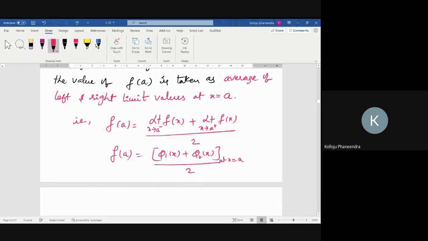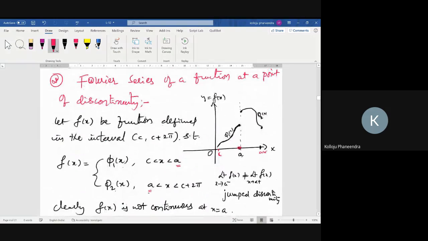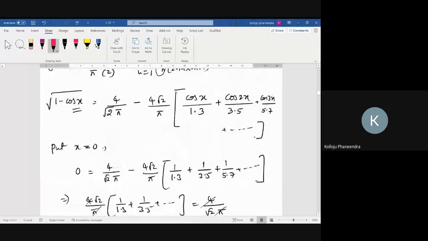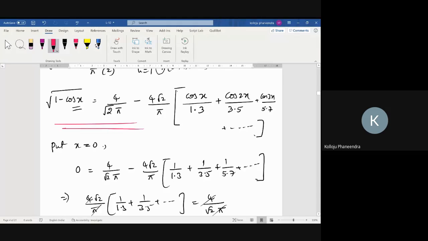And what is the purpose of taking this discontinuity? For example, in a Fourier series, say square root of 1 minus x, I need the expansion of 1 by 1 into 3, 1 by 3 into 5, 1 by 5 into 6. In this Fourier series expansion, the series is obtained by substituting x equal to 0. When I substitute x equal to 0 in the function f of x, it is defined, and its value is 0. But in some problems, at x equal to 0, f of x may not be defined.